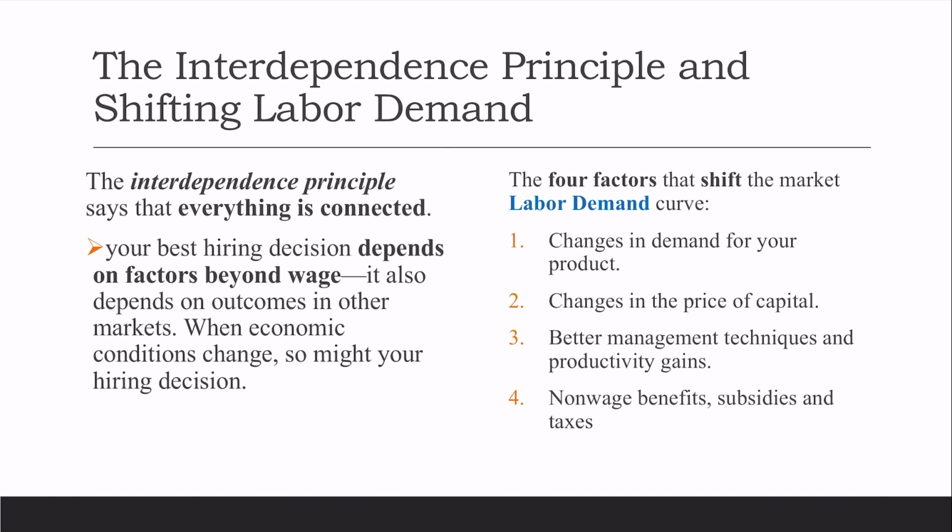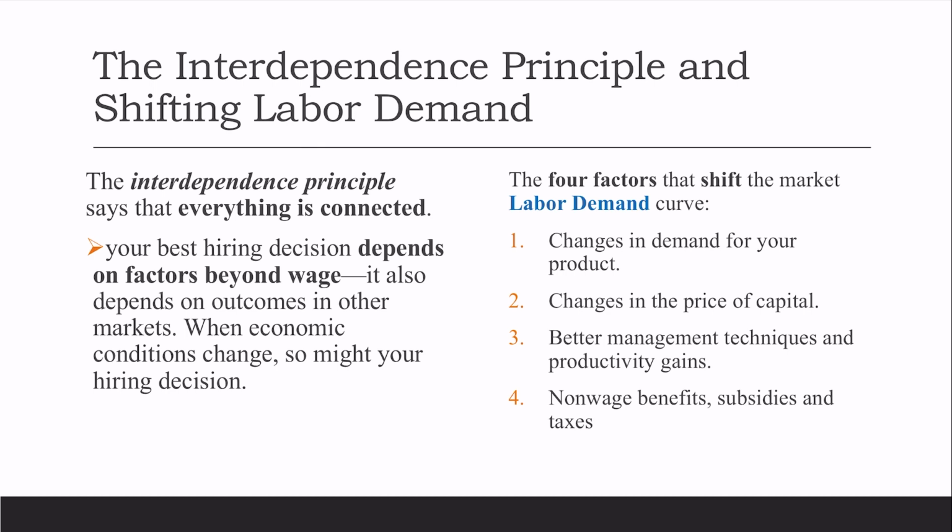Change in the price of capital. Change in the price of capital works in two ways. One is that if capital is getting cheaper, they hire more machines and try to replace as much labor as possible, so labor demand goes down. But it also works like this: if capital becomes cheaper, there is a chance that firms are expanding their businesses, and when they are expanding, they need more labor.